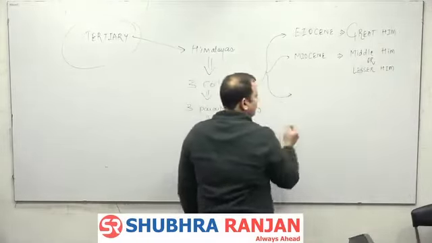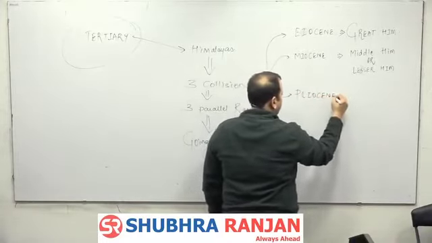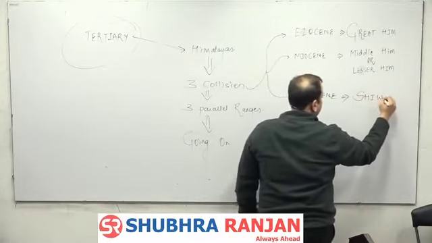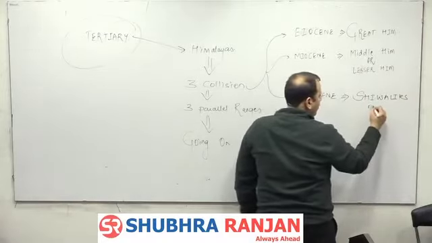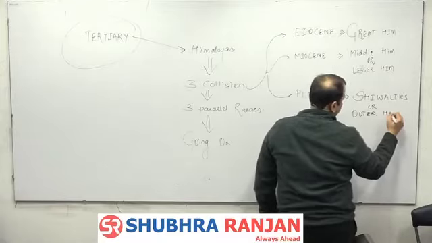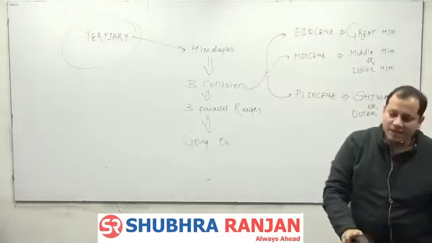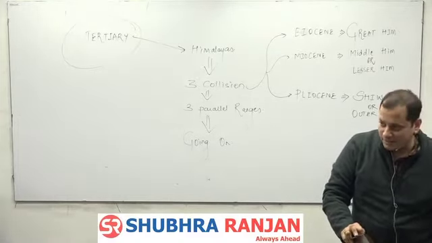And then there was the Pliocene period, which resulted in the formation of the Shivaliks or Outer Himalayas. And we have also written a mains answer on this: Examine the formation of the Himalayas, while doing plate tectonics.